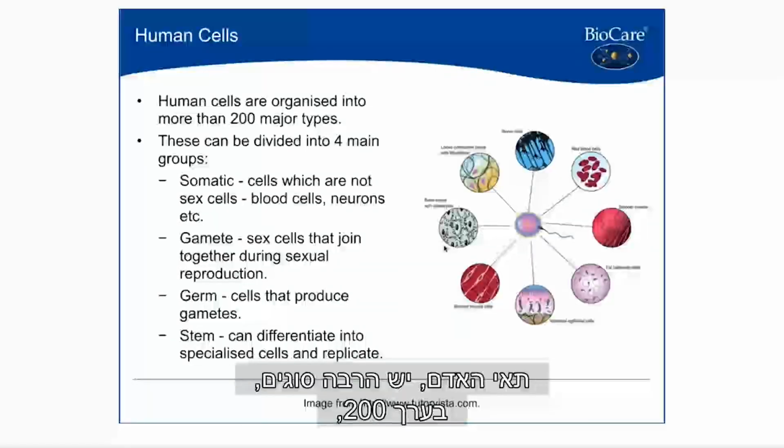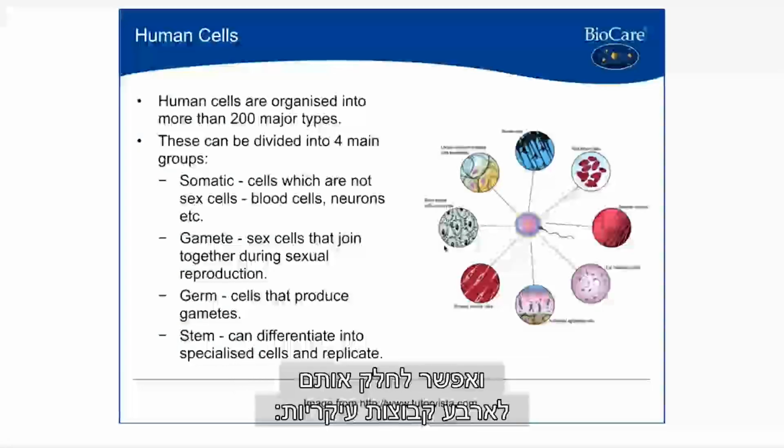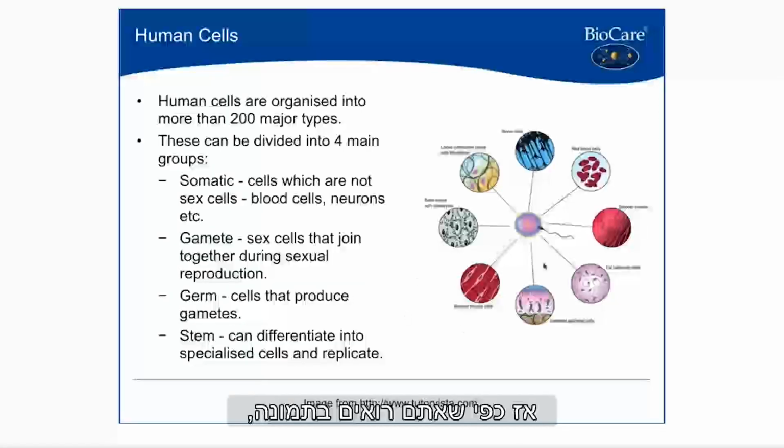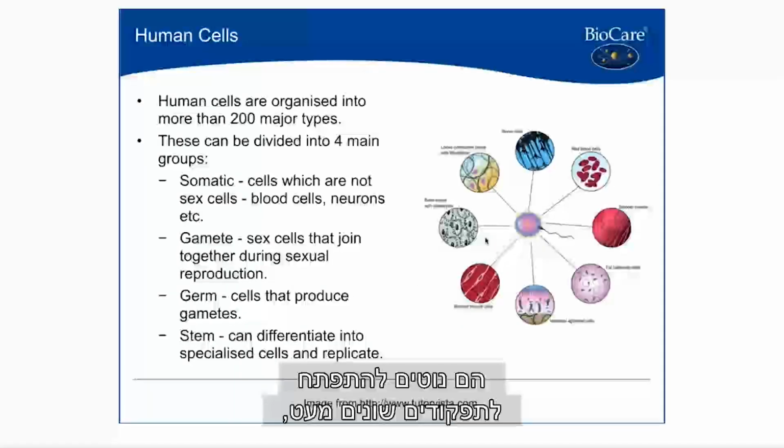There are many, many types, about a couple of hundred, and these can be divided into four main groups: somatic, gamete, germ, and stem cells. So as you can see from the pictures, they tend to develop slightly different functions.